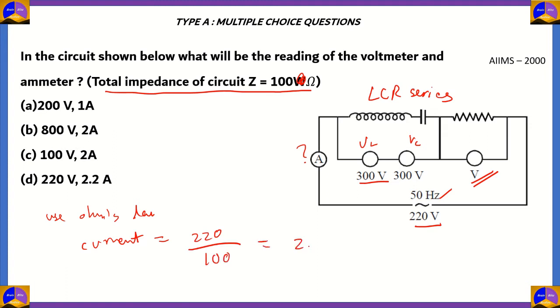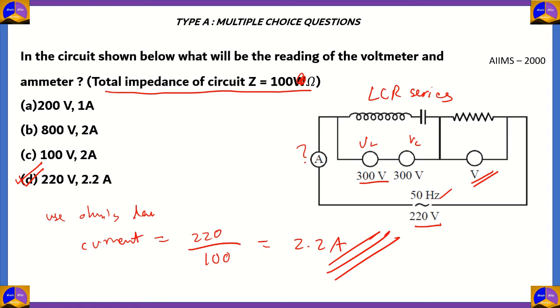That is equal to 2.2 amperes. So 2.2 amperes is the right amount of current. So therefore, option D is the right option. So just by calculating the current, the easy way out, we found our answer.